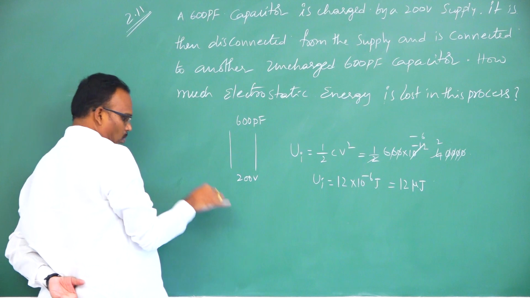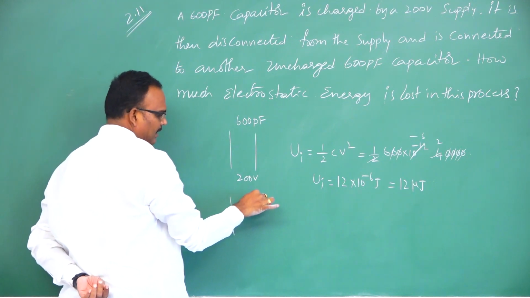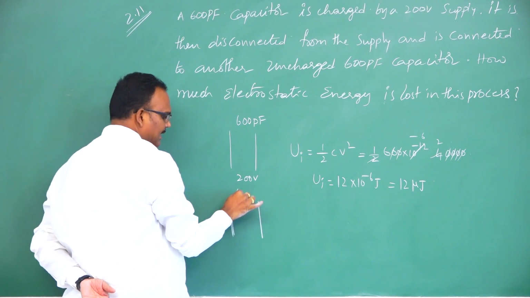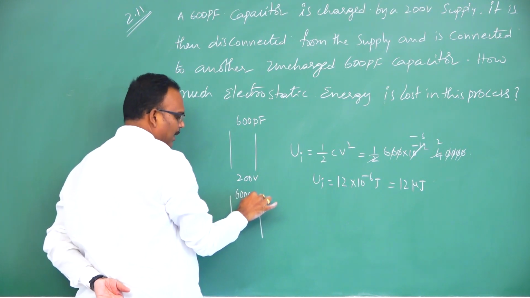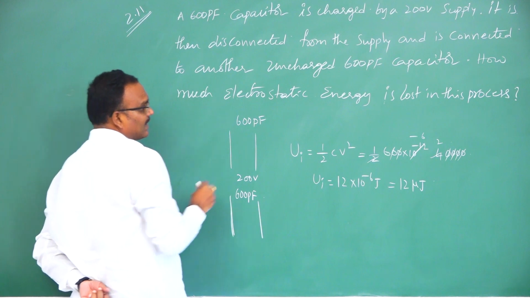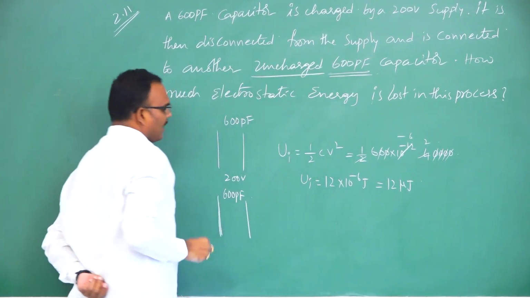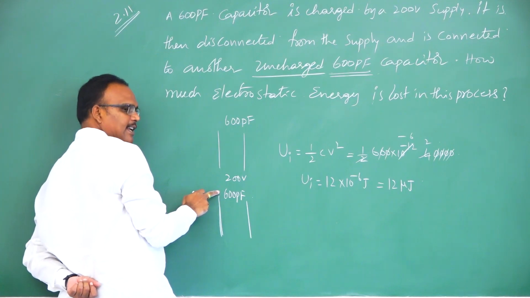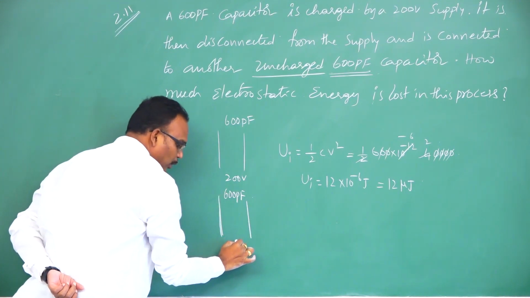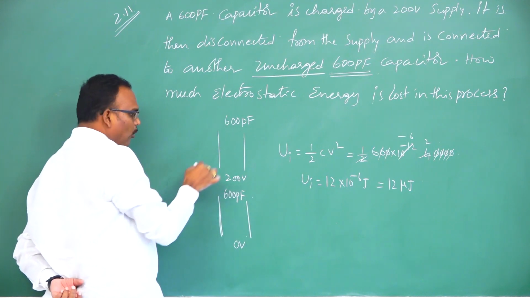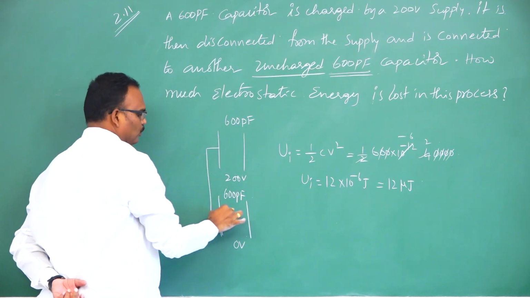Now this capacitor is connected to another identical 600 picofarad capacitor, but that capacitor is uncharged. Uncharged means here the charge is 0 as well as the potential is also 0 volts. Now we are connecting these two.